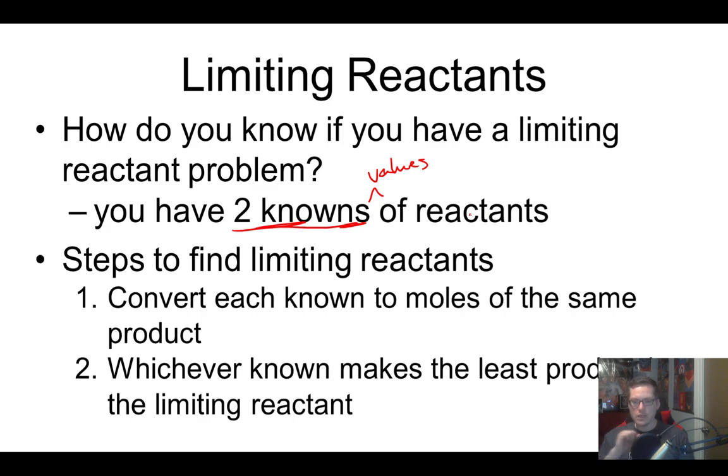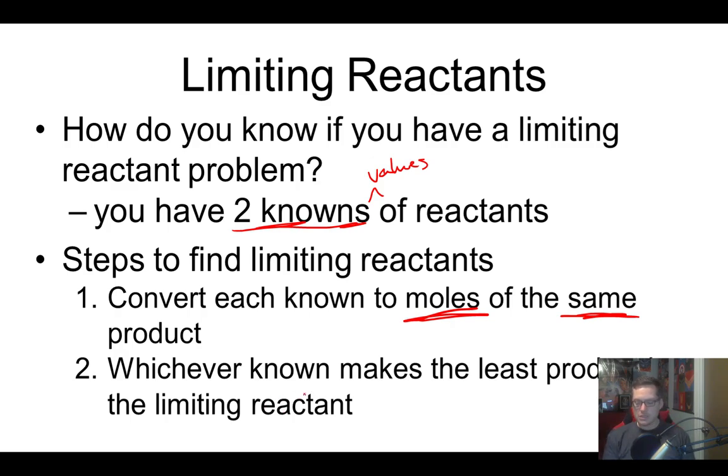Here are the steps, not too bad. You're going to take each known of the reactants to the moles of the same product. Now this is key, of the same product. It can't be different products. You've got to pick one product and convert both of them. Whichever known makes the least product is the limiting reactant.